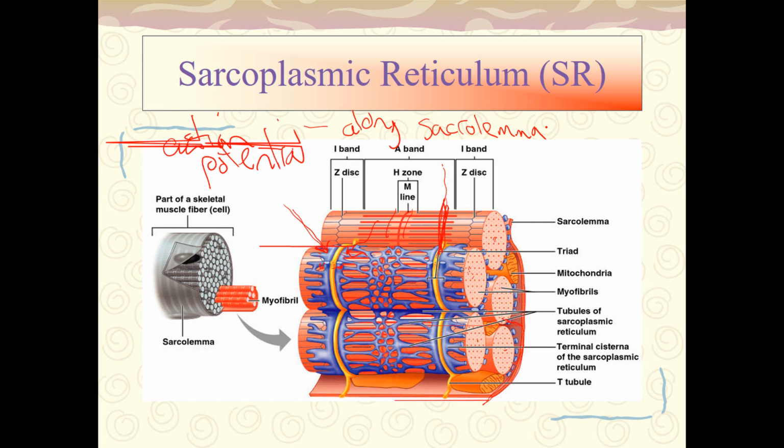So the action potential, you guys know I can't draw. Here's the sarcolemma. Here's this T-tubule. The action potential will travel along that membrane and then go down the T-tubules. When it goes down the T-tubules, it tells the paired terminal cisternae to release calcium. And this cluster of the paired terminal cisternae and the T-tubule is called a triad.